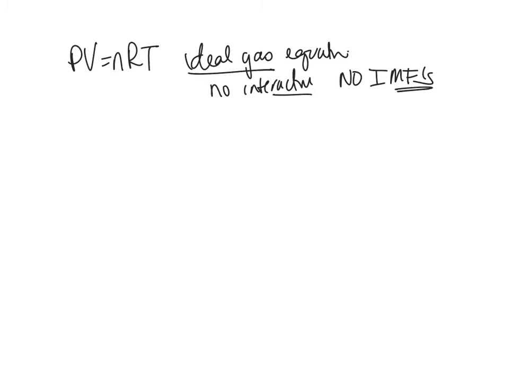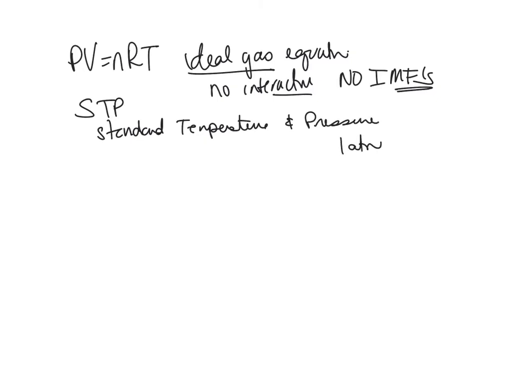You also learn that there's a thing called STP. This is standard temperature and pressure, and you want to memorize that. It's at 1 atmosphere and 0 degrees Celsius, which is 273 Kelvin.